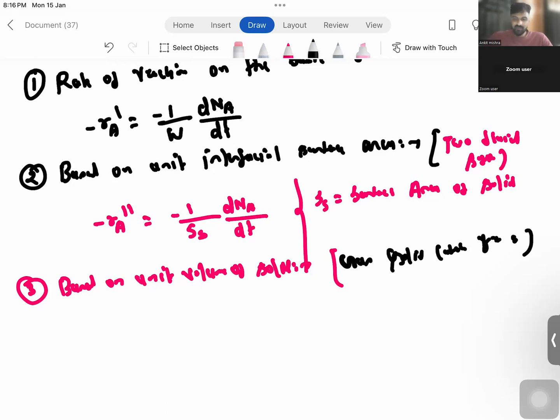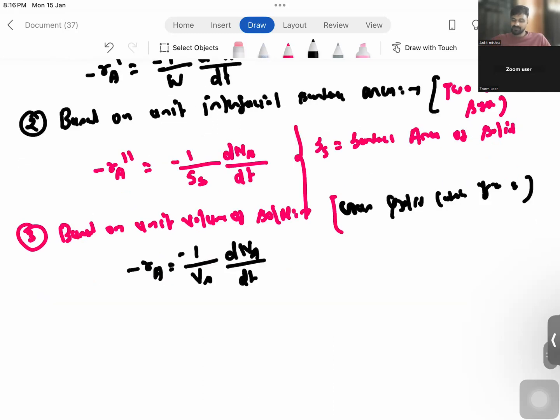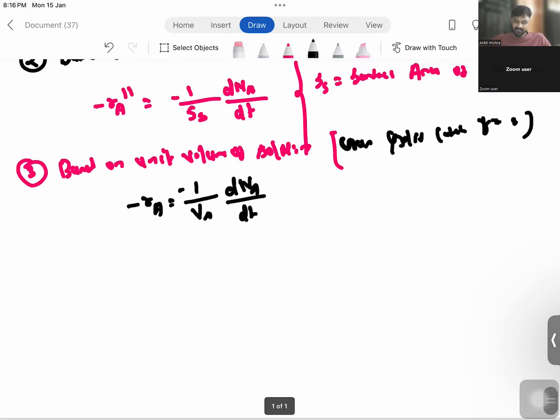So generally you don't have to remember where it will be used, but you have to understand how the mathematics works over here. So that can be written as minus Ra, that is 1 upon V of solid, and obviously dNA by dt, right? So this is how the reactions can be written in terms of per unit weight, per unit surface area, and per unit volume, right? So this was the basic thing about the heterogeneous catalytic reaction system.